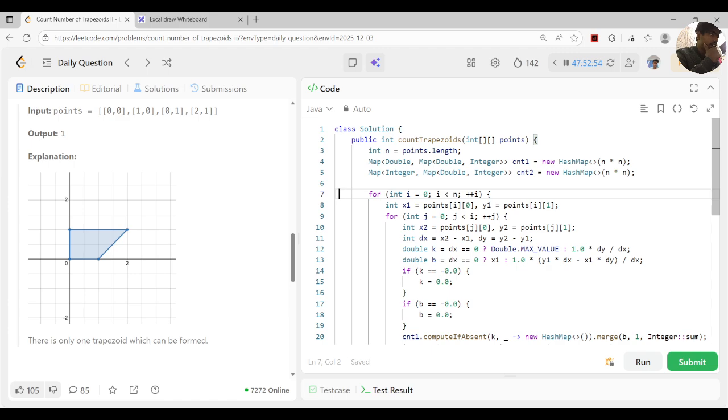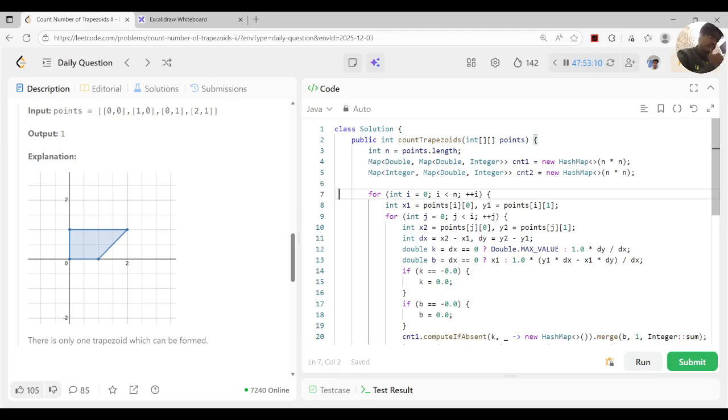We take an integer and apply a map of double to integer. cnt1 is a new hash map and cnt2 is a new hash map. Then we iterate with a loop for i from 0 to n, taking x1 and y1 from point i.